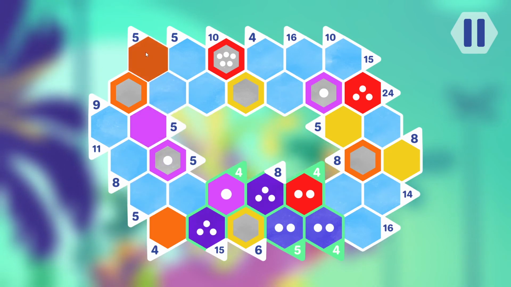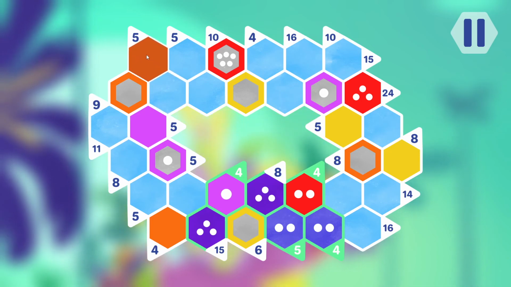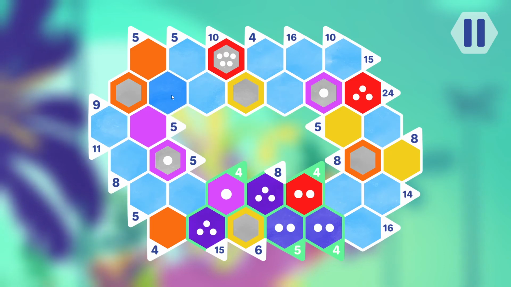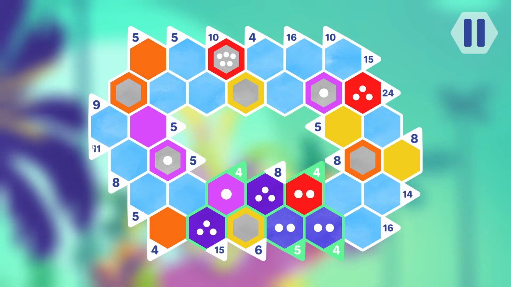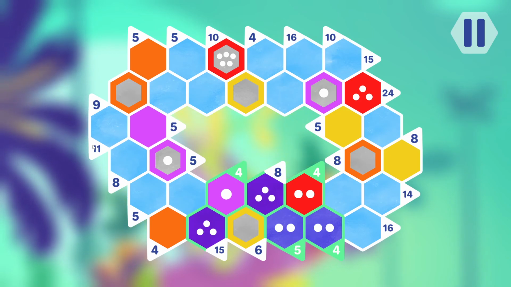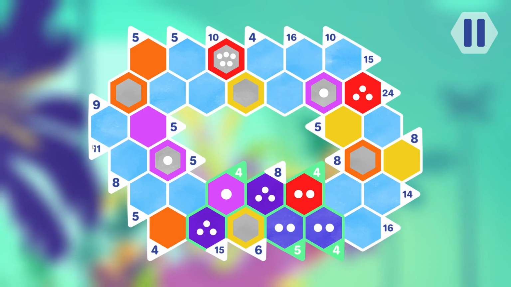Let's look at this 5 maybe. This is at least 2, and this is at least 2 as well. So if it's at least 2 and this is 11. Okay, so what can we say about orange actually?